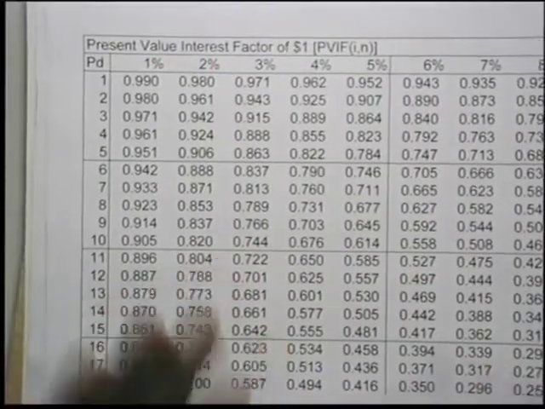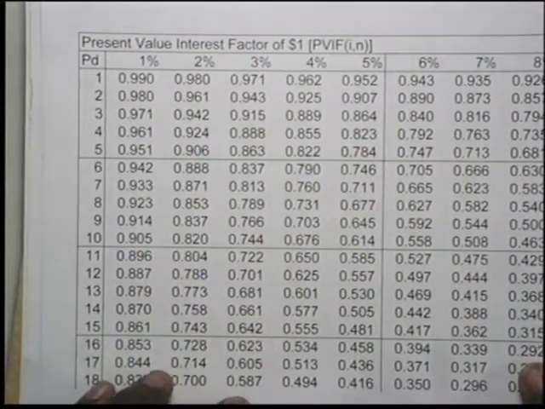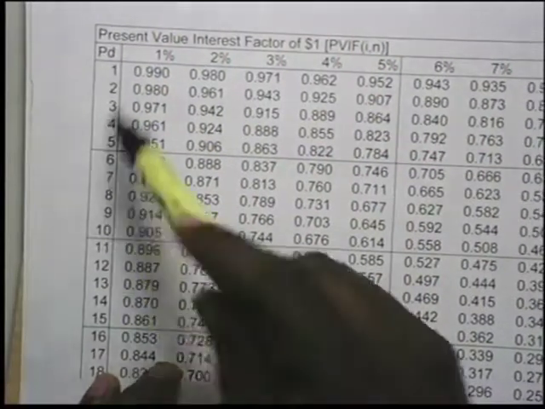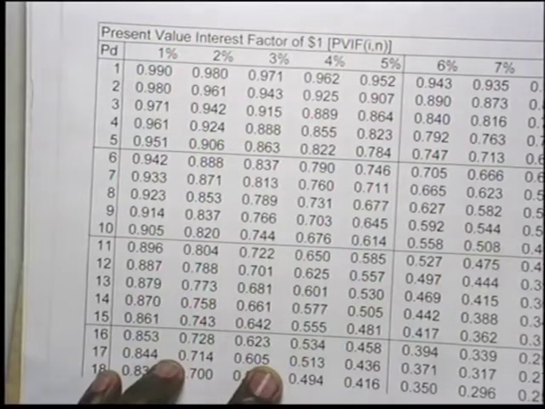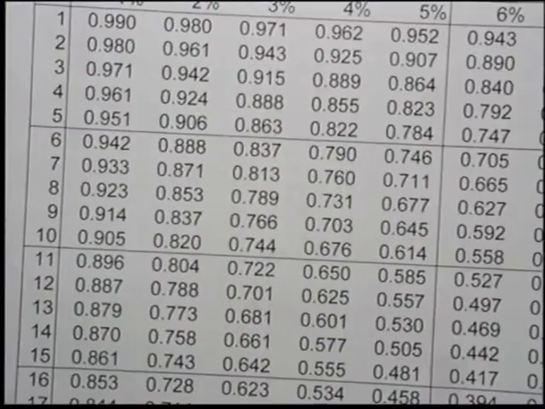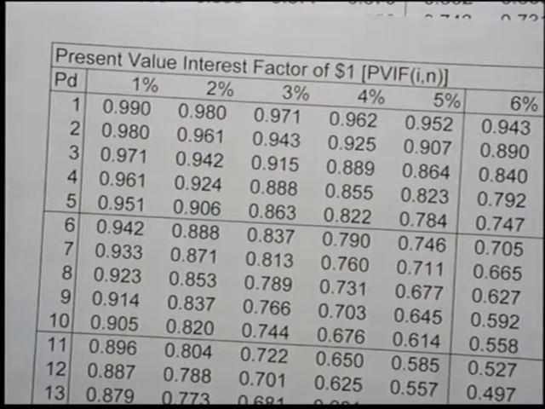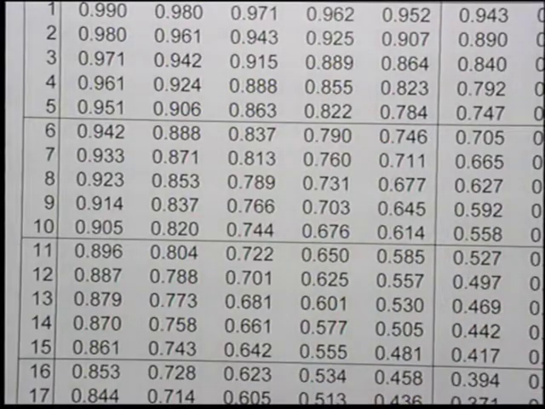This is what we call a present value interest factor table. It has a column, period. PD stands for period, and in that column you find 1, 2, 3, 4. These numbers going down represent the years in our example.